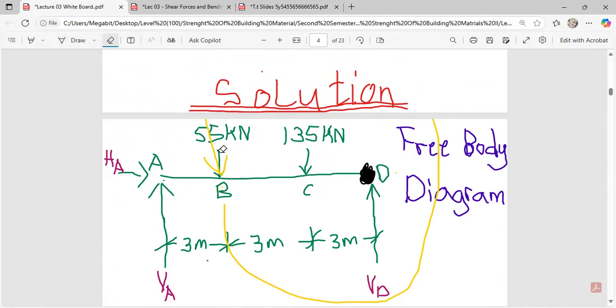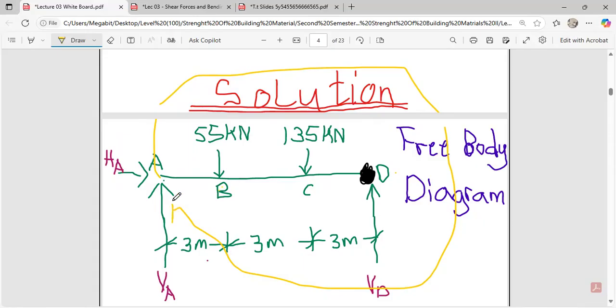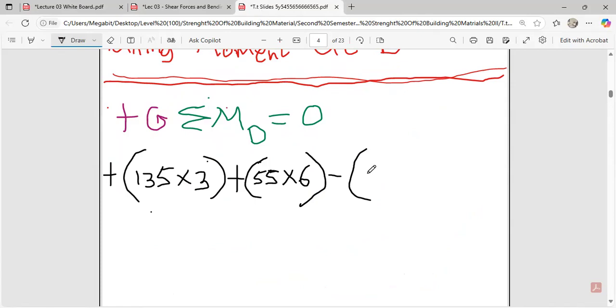This time we are done taking C and B. We are going to take the last one, which is A. We follow the direction of this; it is going to take a clockwise movement. So at the end of the day, it's going to become minus VA times 9.